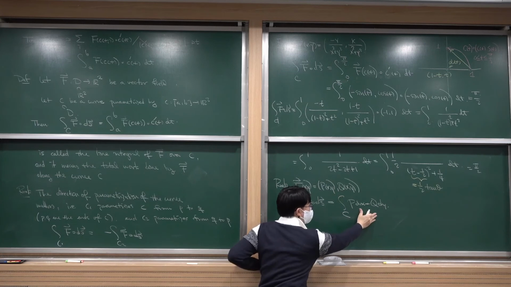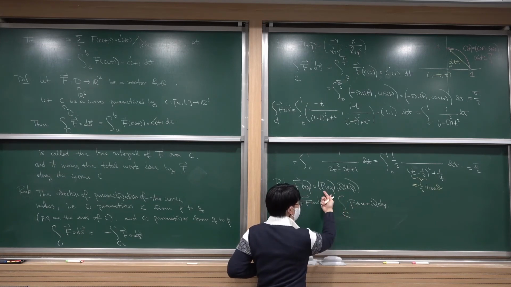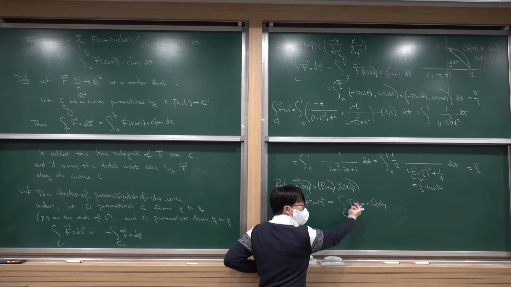This notation is useful because it directly shows what the coordinate functions of the vector field are, P and Q.